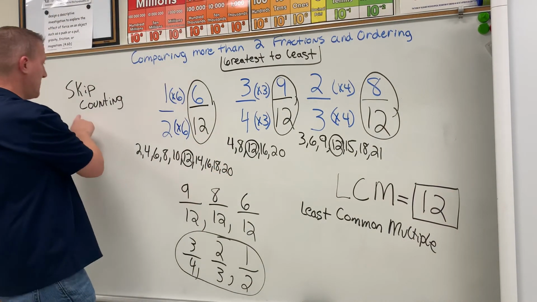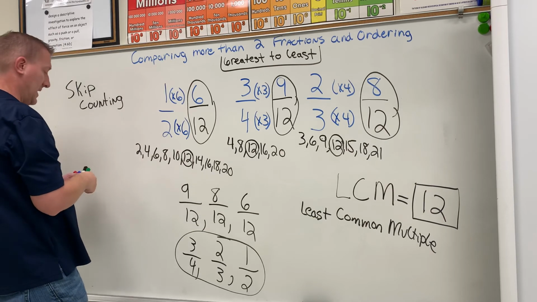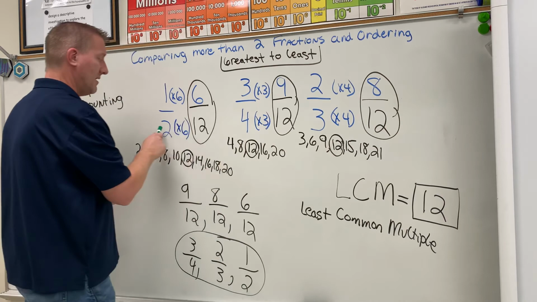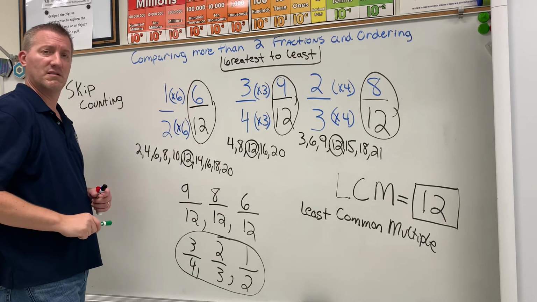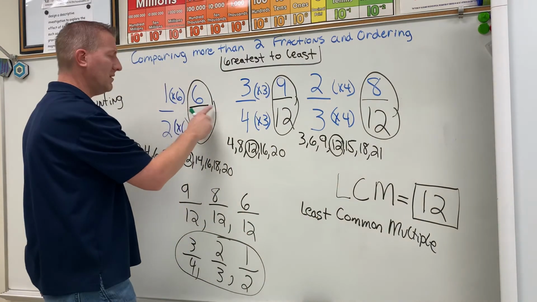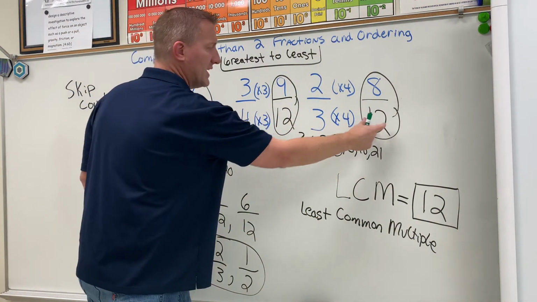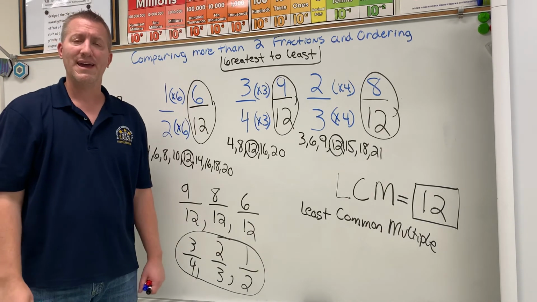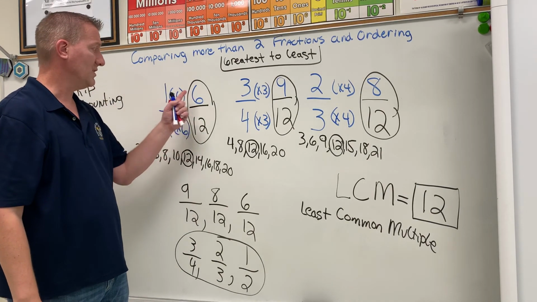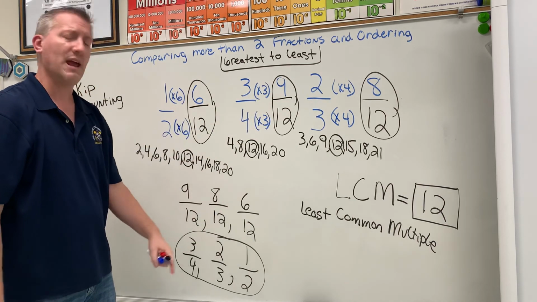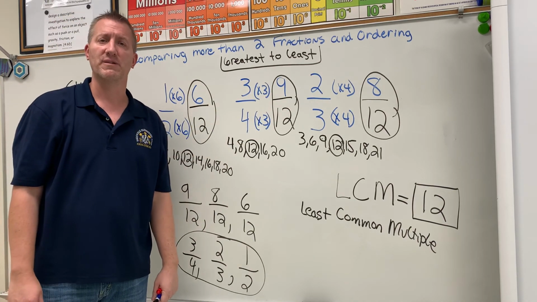You do that by skip counting for each denominator. Once you get the least common multiple, then you have to change the denominator to that number. And then once you do that, you simply compare the 3 fractions and put them in the correct order.